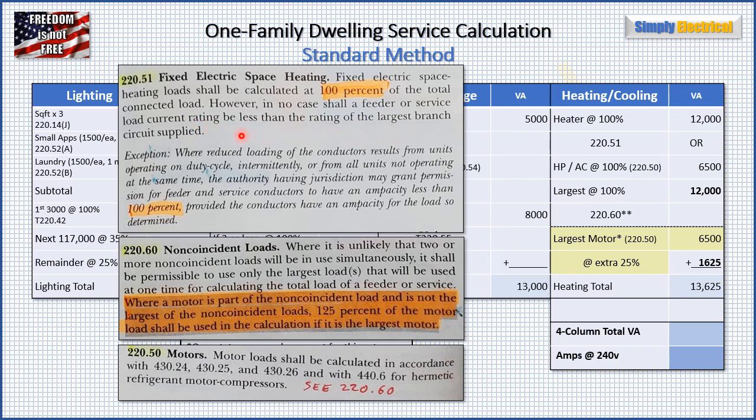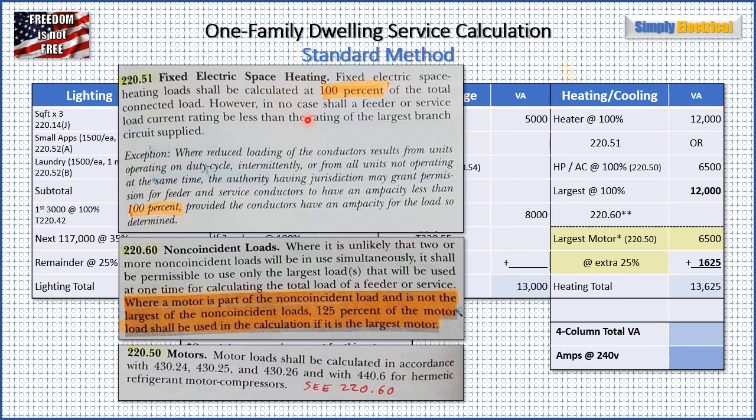So all that last sentence means is if your furnace happens to be huge, and your dwelling itself though is really small, to where your service with your demand factors is going to end up being less than 100% of the heating load, then you have to take at least that size, the 100% of your heating, and use it. You have to use the larger of the two, basically. In no case shall the feeder or service load be rated less than the rating of the largest branch circuit supplied. So that's all that's saying.